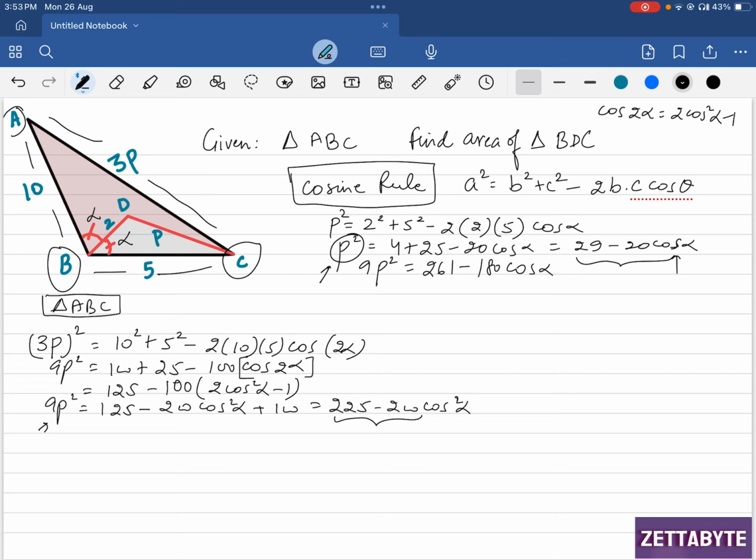Correct. Now I can equate the variables. This equation is the second, this is the first. First is equal to second because both have the same left hand sides.